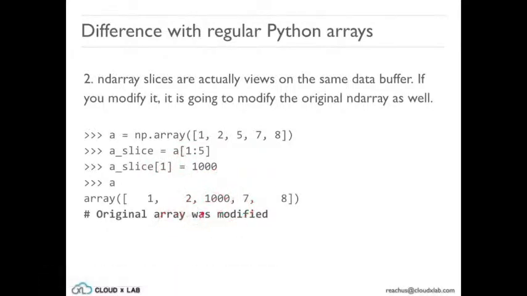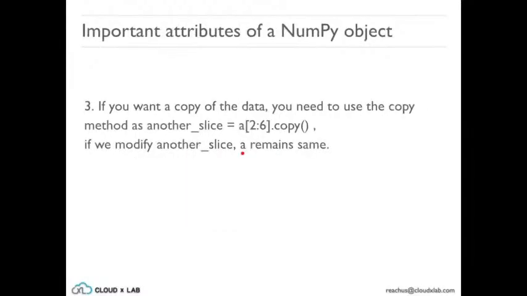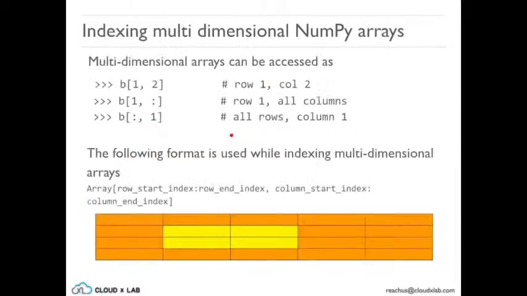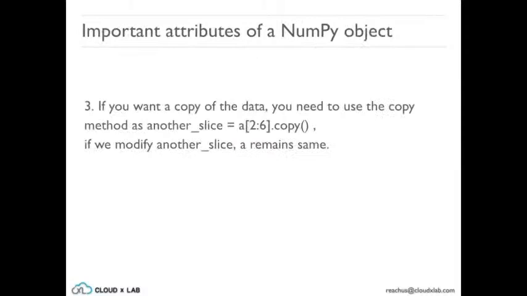So we're going to see this actually happening. The value over here, I think it should be a comma 3. That's all right. And if you really want to make a copy of the data, you need to use the copy method. This would make a copy of it, and therefore if you make any changes on this, it would not affect A. Okay, so this is one of the differences, something very important when you talk about Numpy arrays.